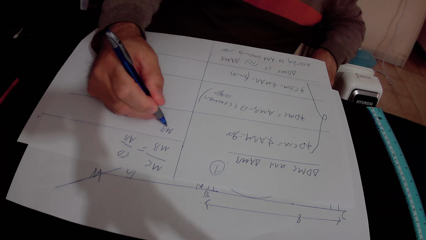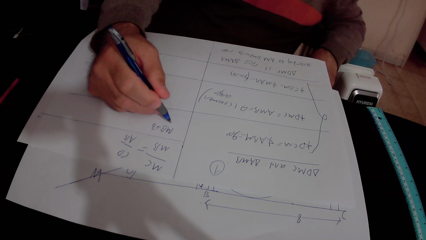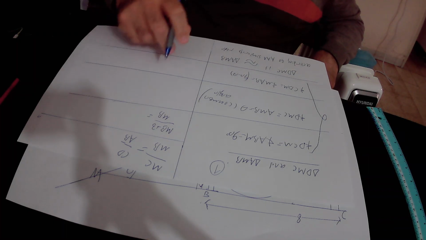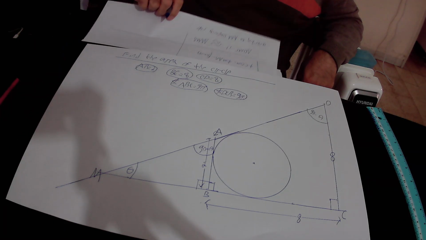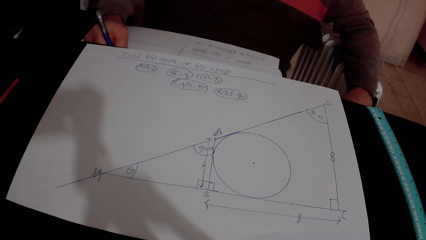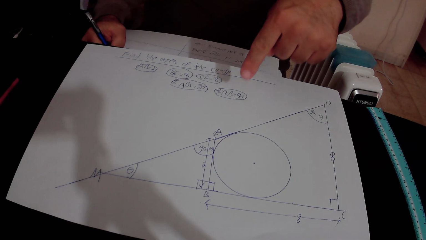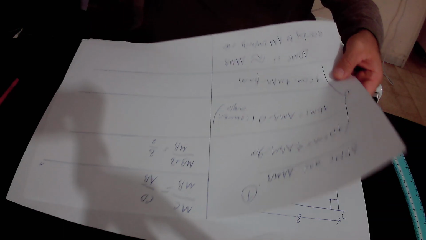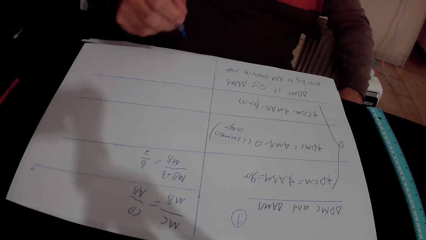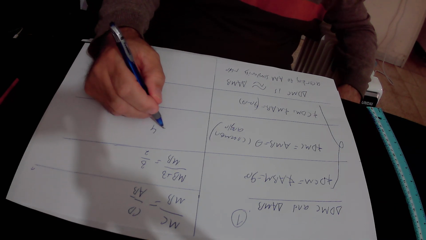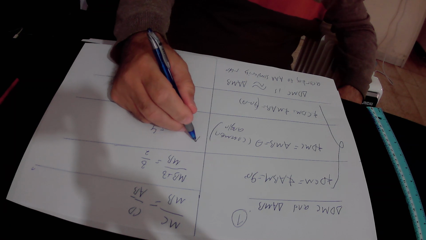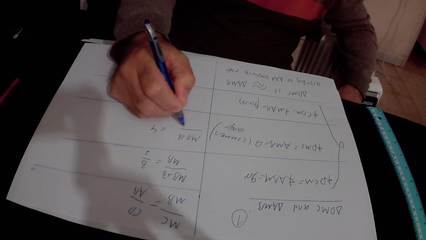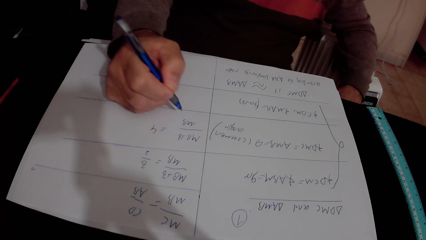MB plus 8 over MB equals CD, which is 8, over AB, which is 2. So CD over AB is equal to 8 over 2, which is 4. So MB plus 8 over MB equals 4.